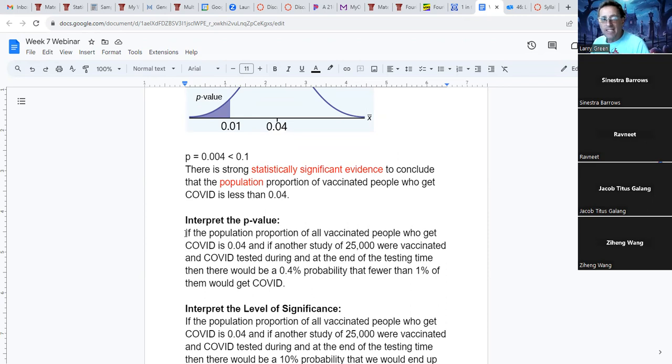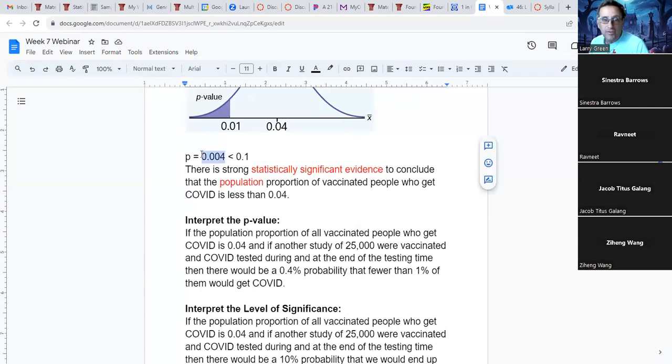If the population proportion of all vaccinated people who get COVID is 0.04, and if another study of 25,000 people were vaccinated and COVID tested, and at the end of the testing time, then there would be a 0.004 probability.